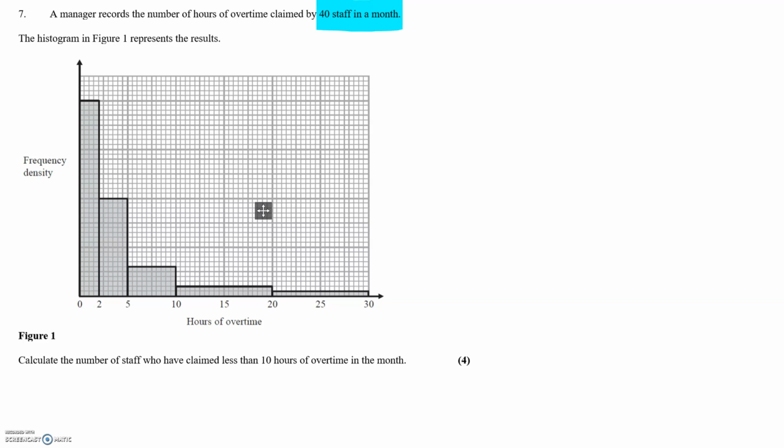So we need to think about how we're going to make a conversion rate between those 40 people and the areas that are underneath each one of these bars. So we're going to have to calculate the area of each bar so that we can relate it to the overall total frequency. The first bar appears to be 2 wide.